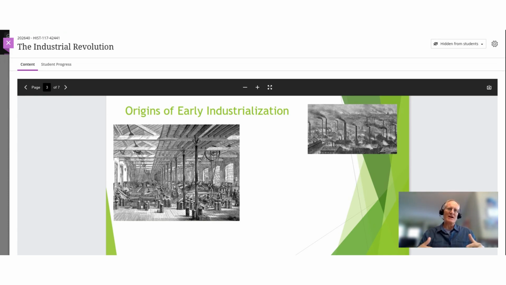And so the same kind of characteristics that were exhibited in the Enlightenment are also beginning to exhibit themselves in the Industrial Revolution.